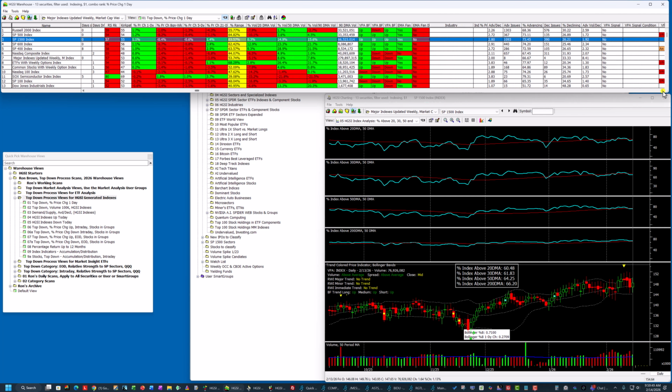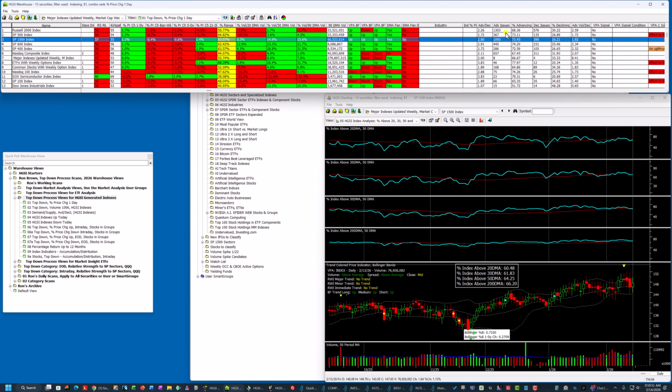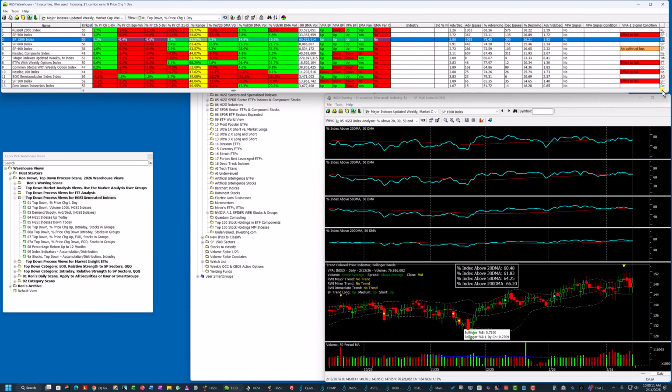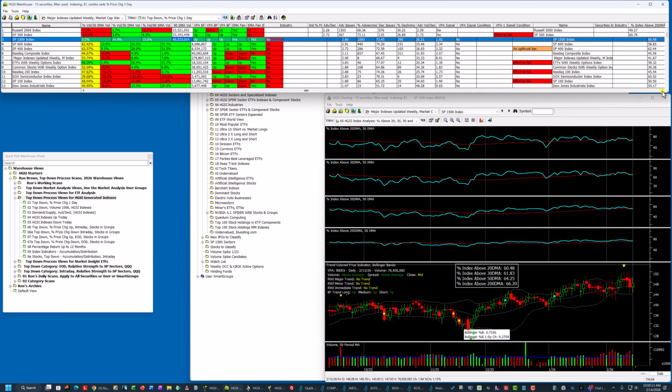And then you can quickly see the advancing versus declining issues, the actual numbers within the index, and the percent advancing on all of these is positive as of Friday. Now, Thursday would have been a different story, of course. But I'm going to move on over here.